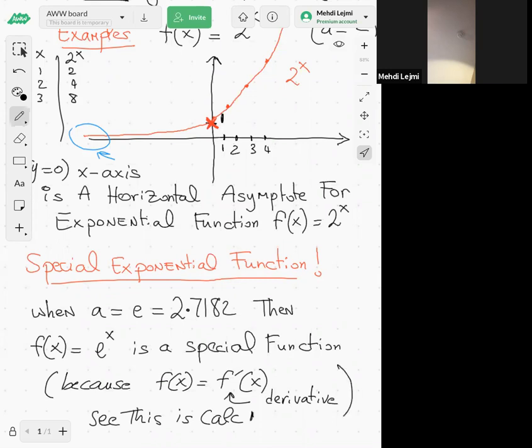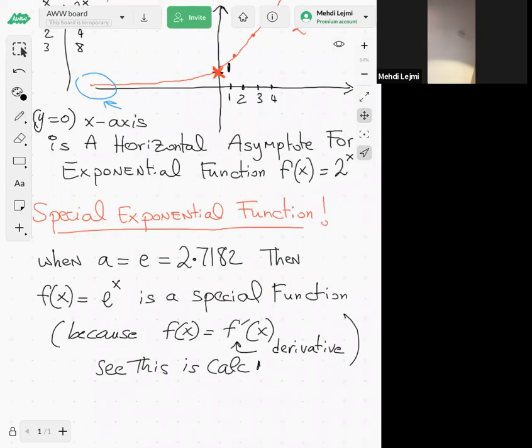Just keep in mind there is this special exponential function, when the constant a is equal to this special number 2.71, etc. What's special about it is that the exponential function e to the x would be equal to its own derivative. But anyway, it doesn't really matter for us. It's just for your information. All right, so we have the exponential function.